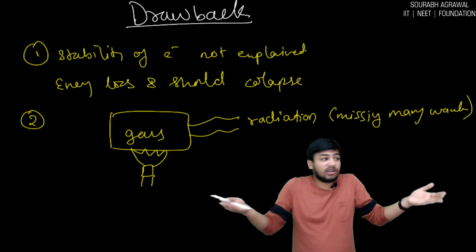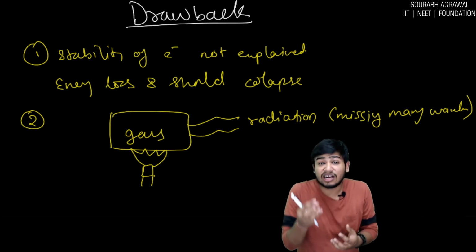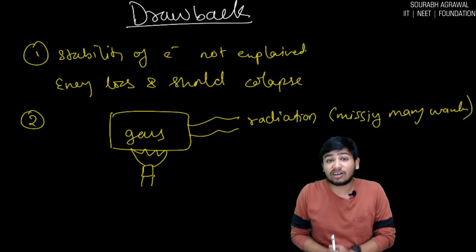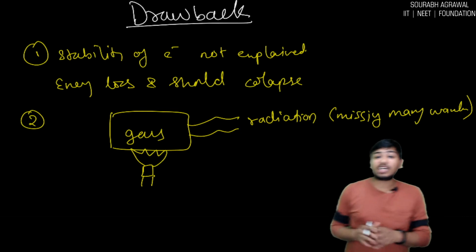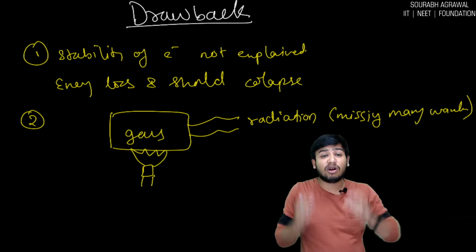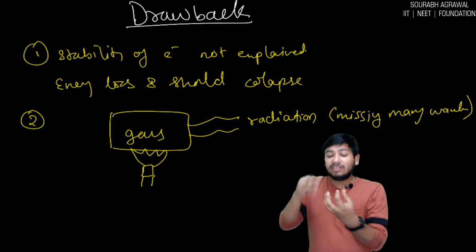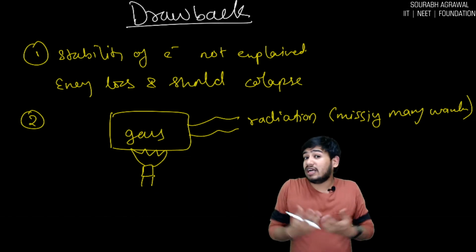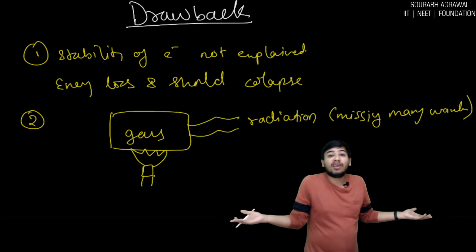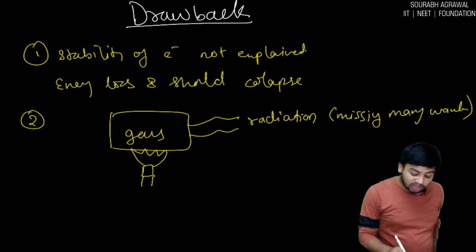Today everything exists because this is not happening. The electron is stable. This stability was not explained by Rutherford. According to his theory, the electron must lose energy and become unstable, but that is not happening. We all are living here; the atom exists. So this was the first drawback.